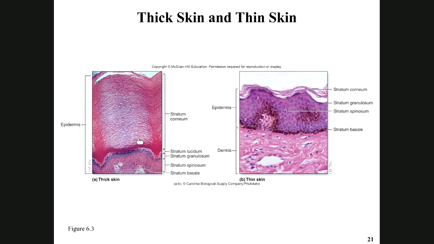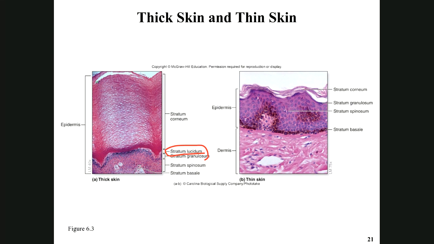Pay attention, between the stratum corneum and stratum granulosum in thick skin, we have a stratum lucidum, but in thin skin, we don't have a stratum lucidum. You can see a stratum basale, a spinosum, granulosum, and corneum. So a stratum lucidum is not here, but you can see this lucidum in the thick skin.